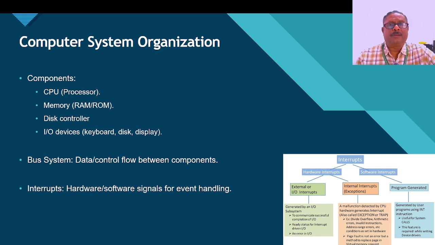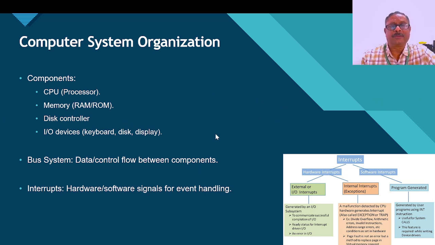So looking at the figure, we can see that interrupts can be of two types: hardware interrupt and software interrupt. The hardware interrupt, as just discussed, comes from hardware like a keyboard, mouse, and all that. So if I move the mouse, this pointer is moving.